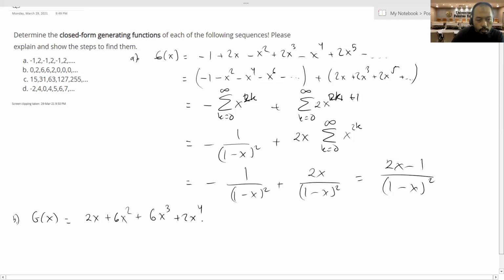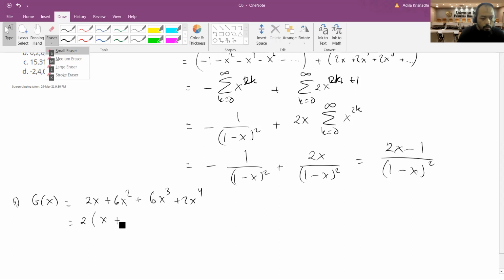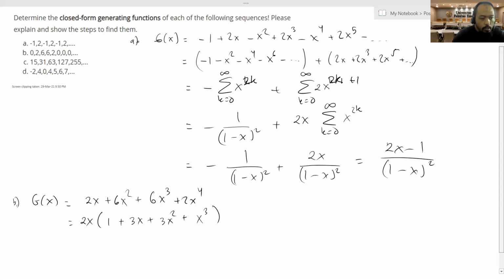Now this is the same as 2x times (1 plus 3x plus 3x squared plus x cubed). The expression inside the parentheses is a form of binomial expansion.